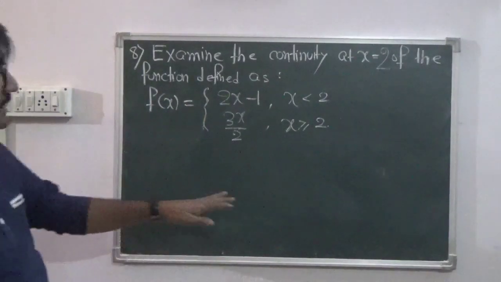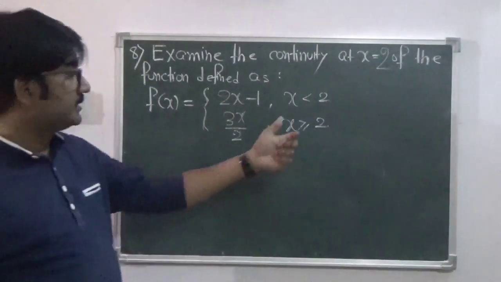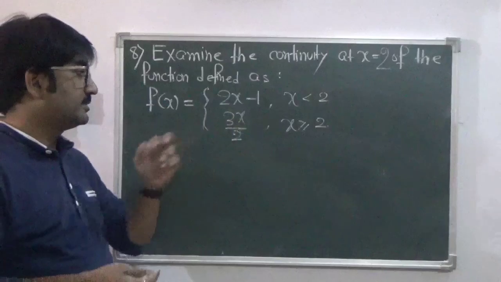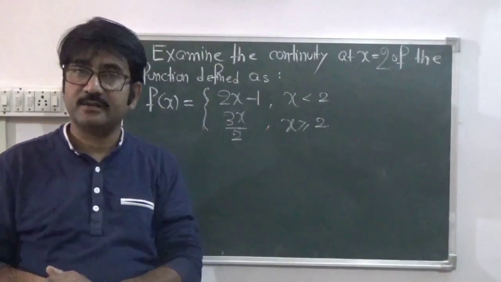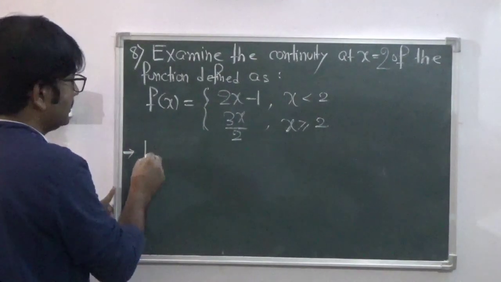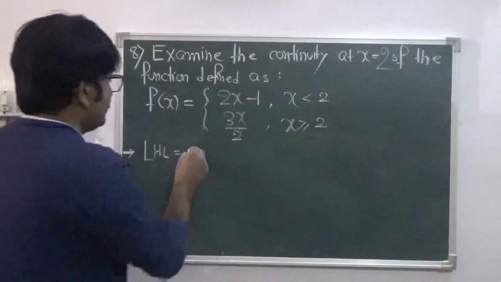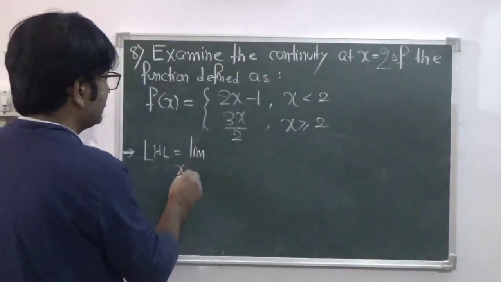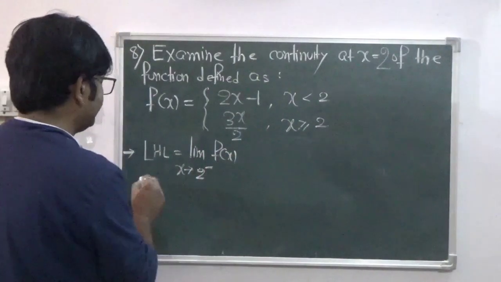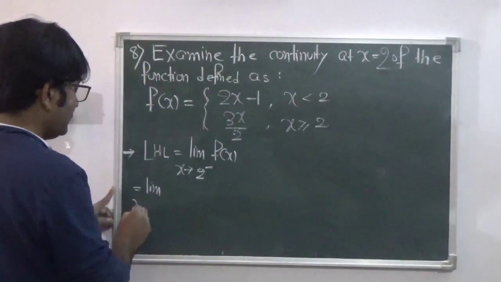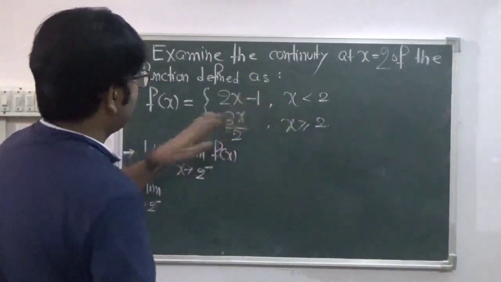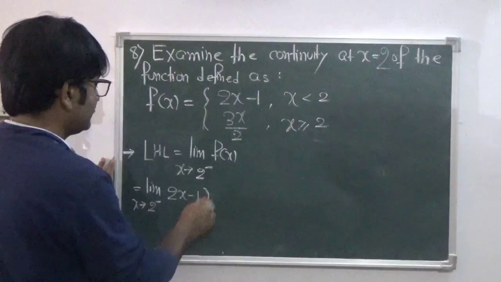Now since again we see that for less than 2 and greater than 2 we have two different functions, we will be using the left hand limit and right hand limit. So we have left hand limit equals limit x tends to 2 negative of f(x), which is 2x minus 1.